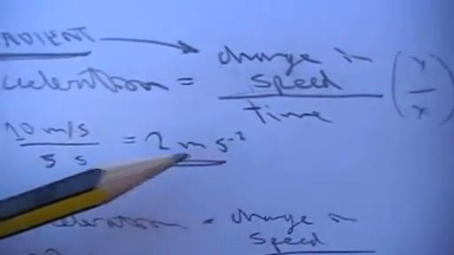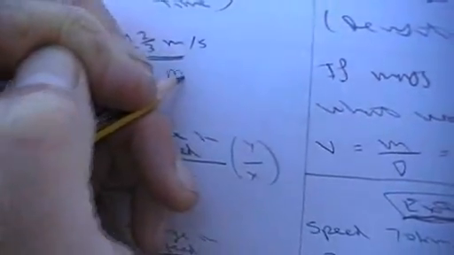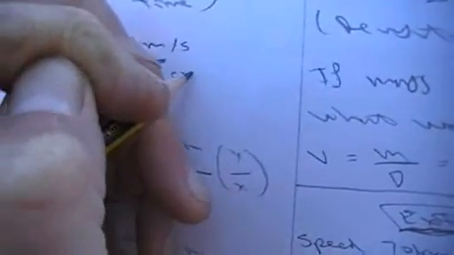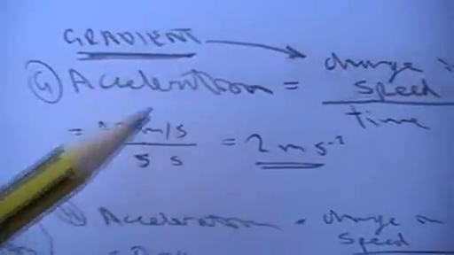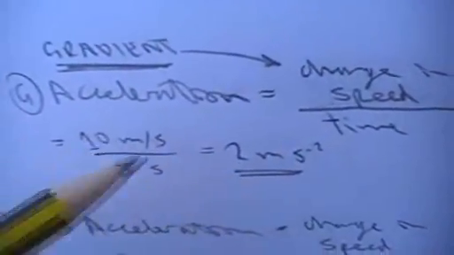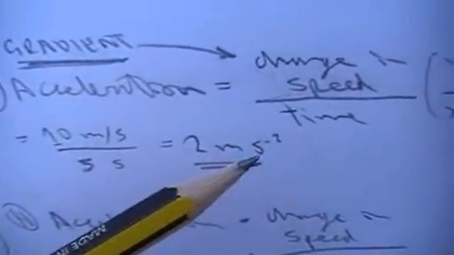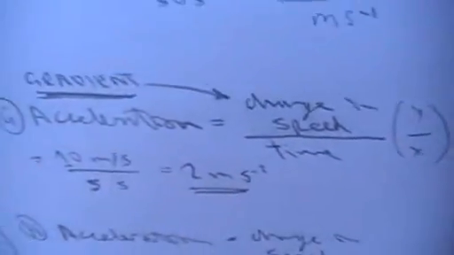For speed you can have meters per second or meters per second -1, because it's meters divided by seconds. With acceleration, it's meters divided by seconds per second, because it's the rate of change of speed.